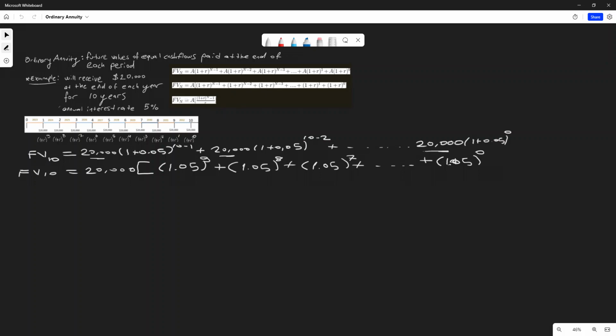So let's use this formula to calculate the result.